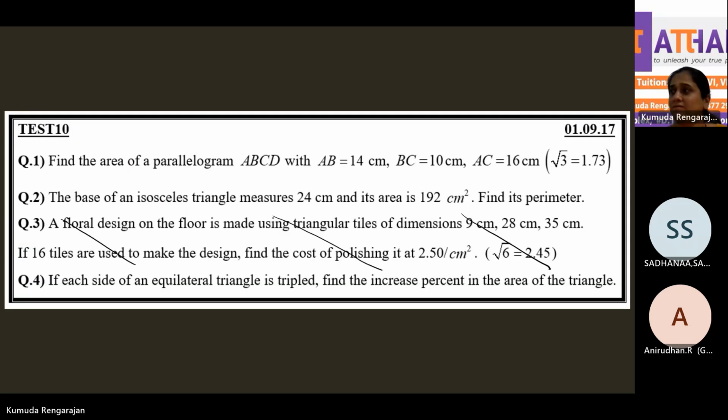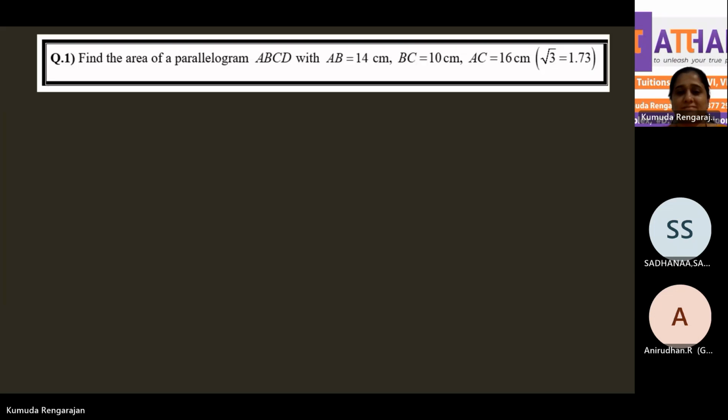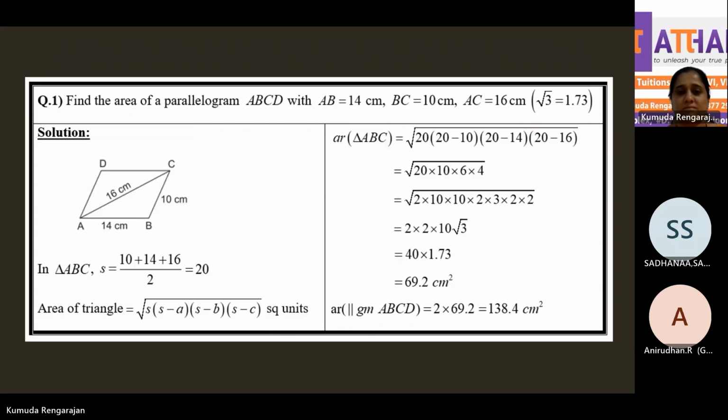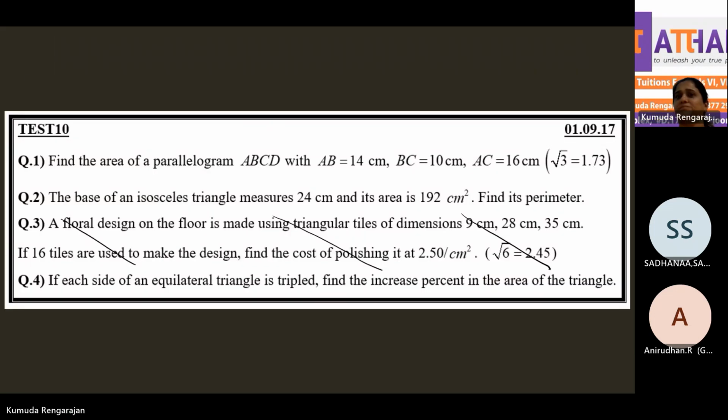No. No. 60 is the area of one triangle, right? You should find the area of the parallelogram.